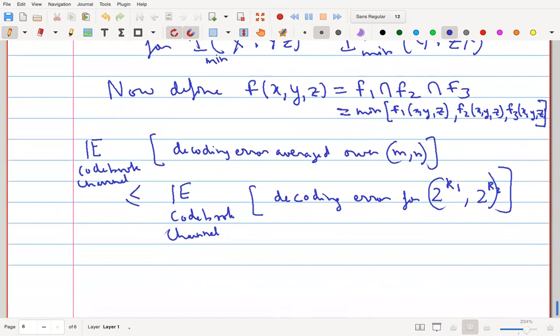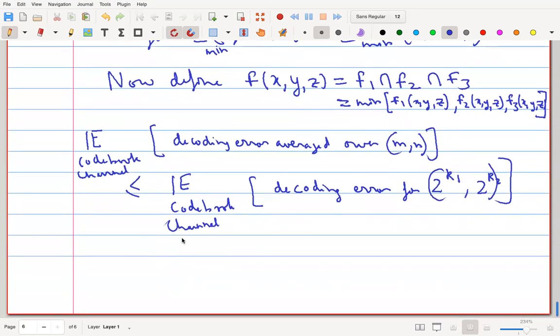Okay. So to come all the way to this level, 2 to the R1 comma 2 to the R2, what did Charlie have to do? Charlie should have rejected all the previous candidates. And we want the decoding error.